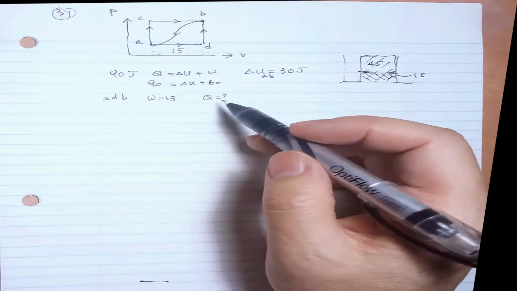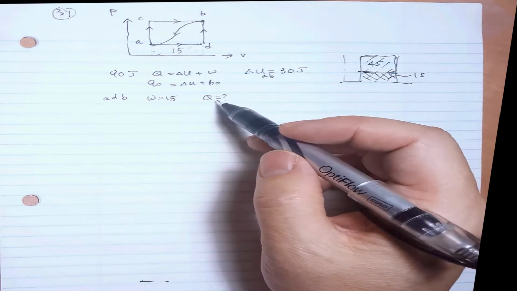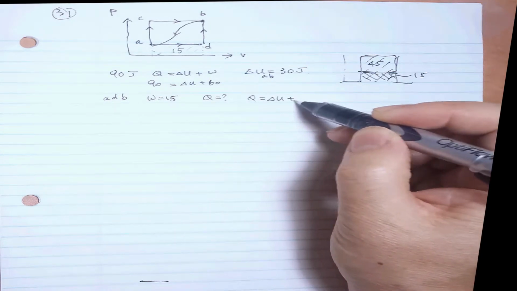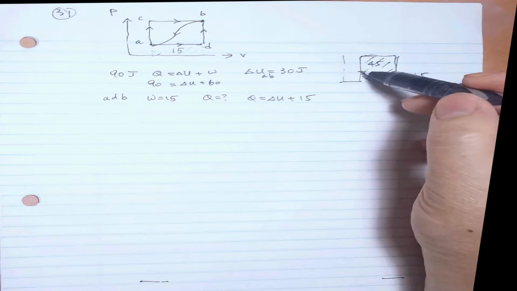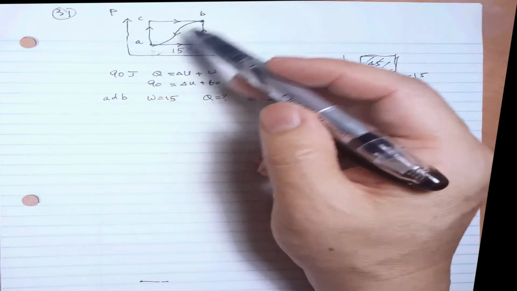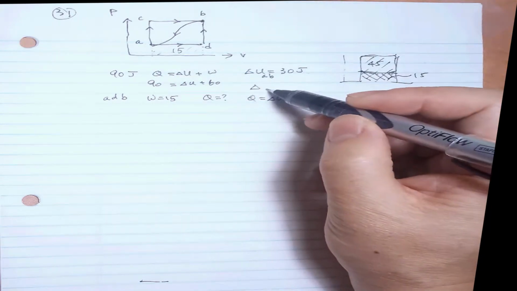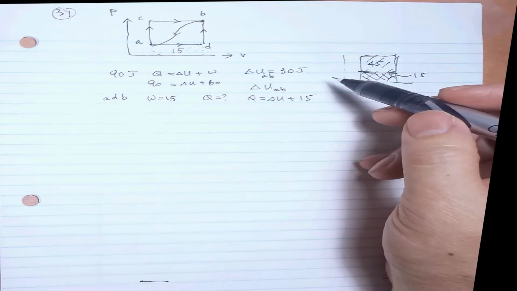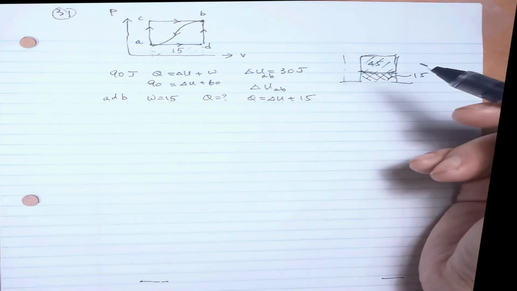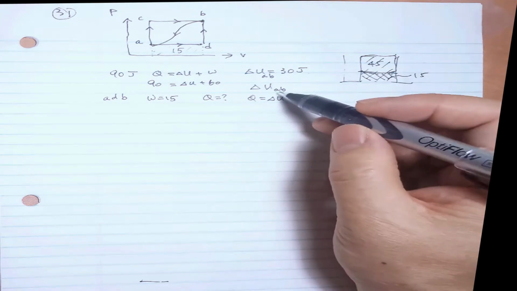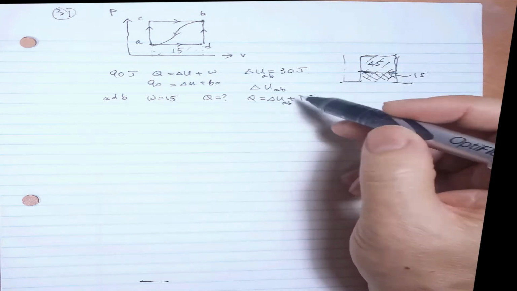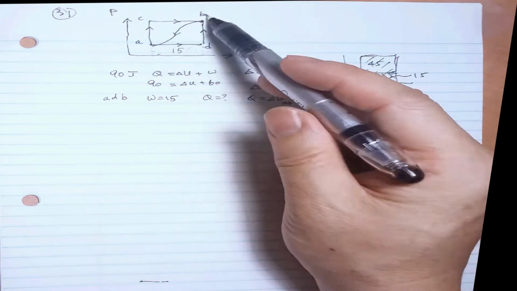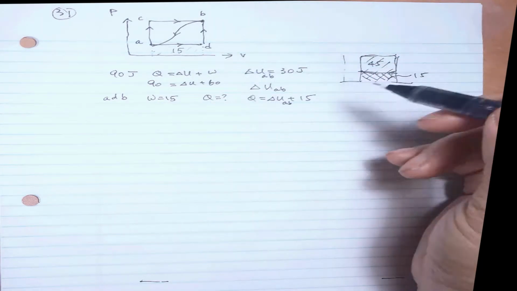Anyways, the heat is delta U plus 15. But delta U in this case is the same delta U from A to B, because the change in internal energy does not depend on the path. Work does, heat does, but not the internal energy. Doesn't matter if you travel from A to C to B or A to D to B, the internal energy is independent of the path.